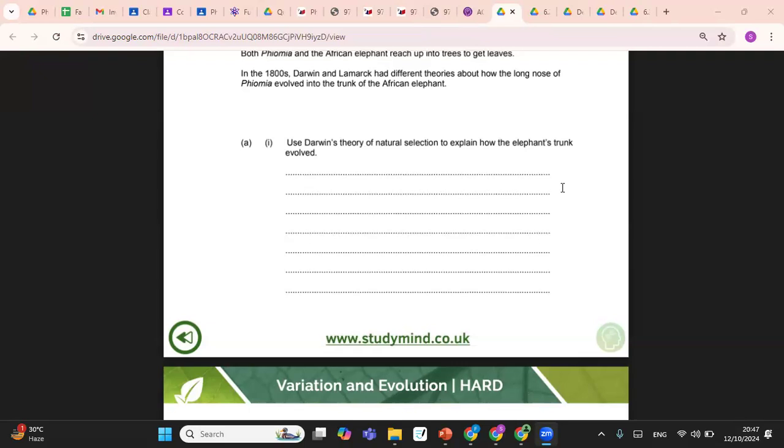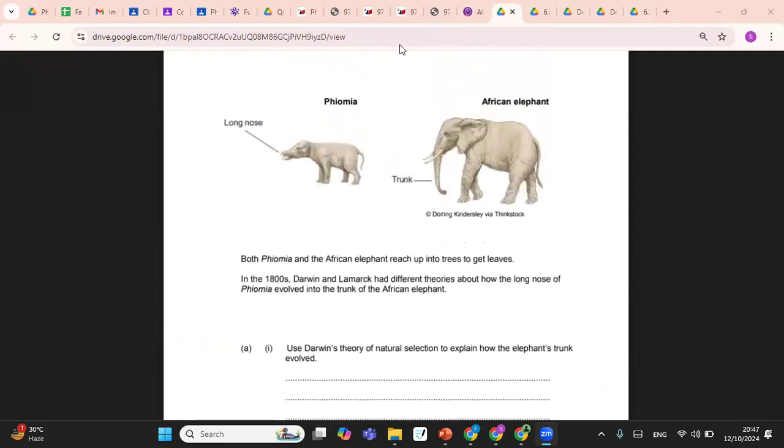So how are you going to answer this? You're going to give Darwin's theory, but you're going to tailor it to fit the African elephant. So you're going to say that there is a variation in the population of Fioma. Some of them will have long noses, some of them will have short noses. The long-nosed animals will have a better chance of survival because they will be able to get more food.